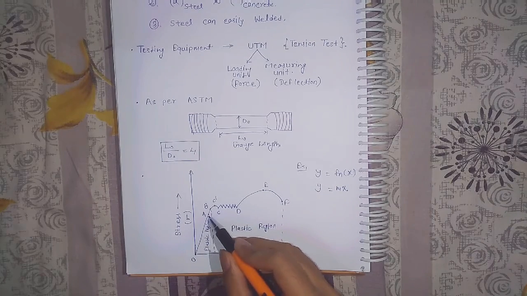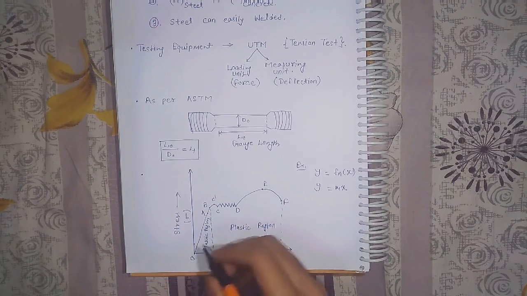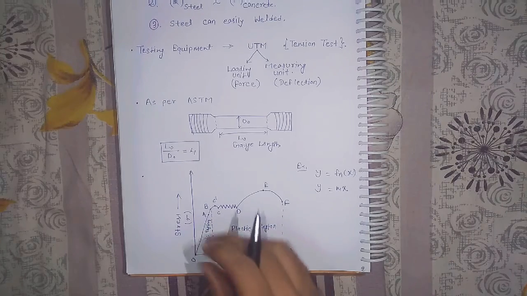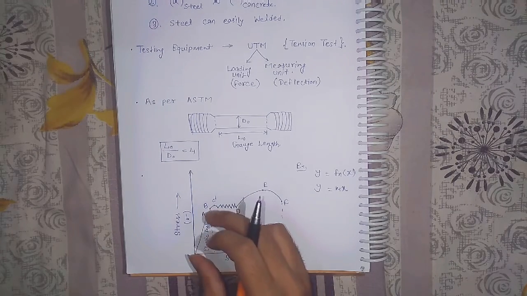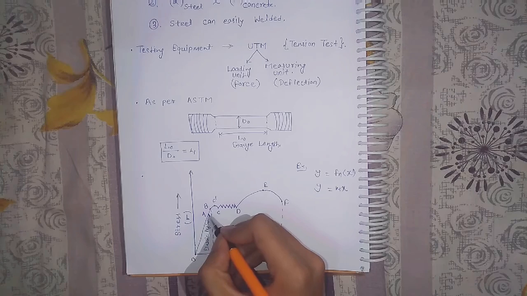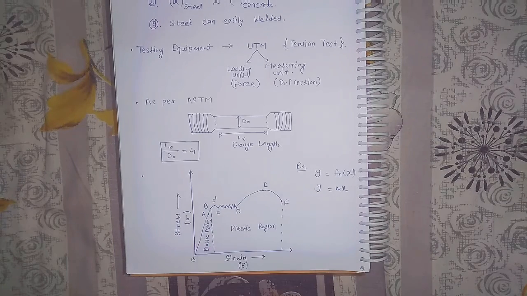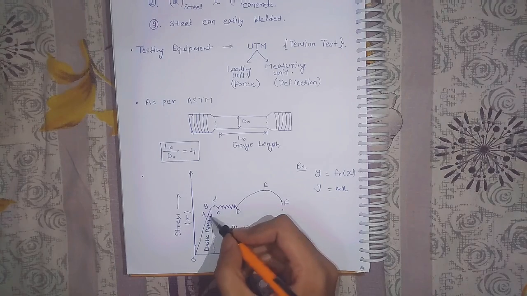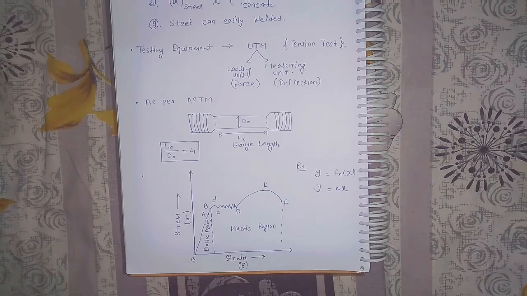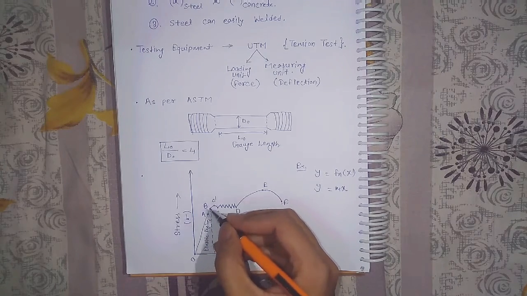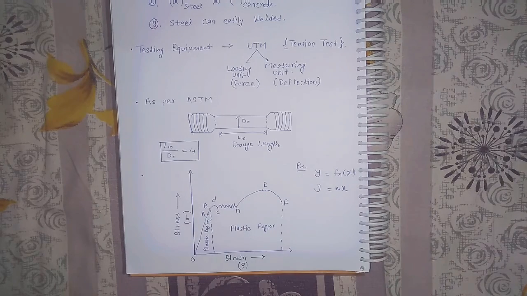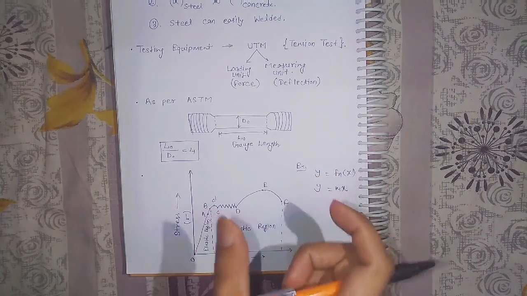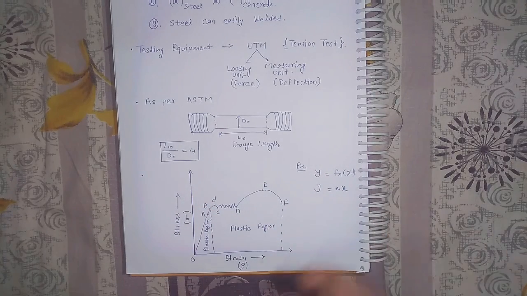Up to point A, there is an elastic variation. Elastic means a linear variation up to A, and A is called the proportional limit, and B is called the elastic limit. What is the elastic limit? The elastic limit is the limit up to which you can remove the load and the bar has a tendency to regain its shape.